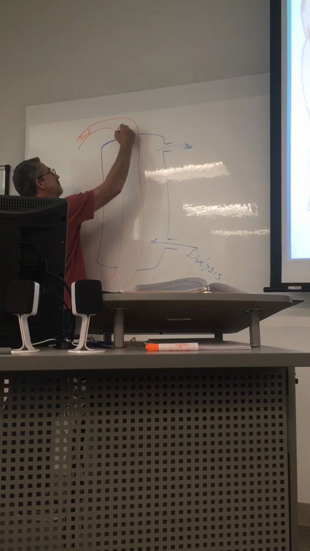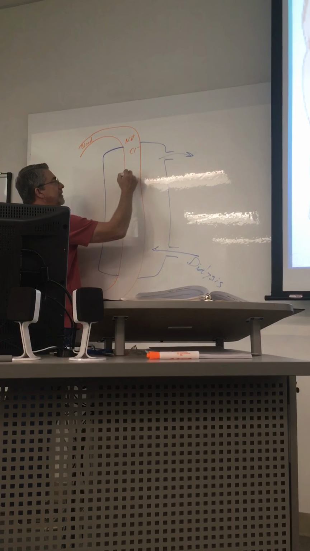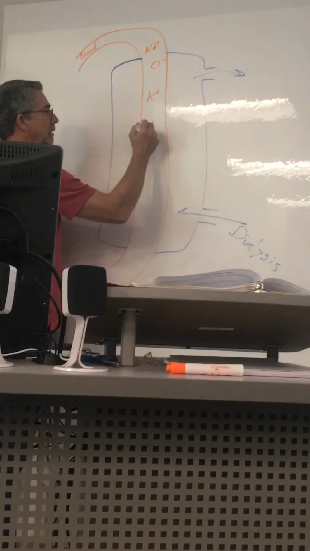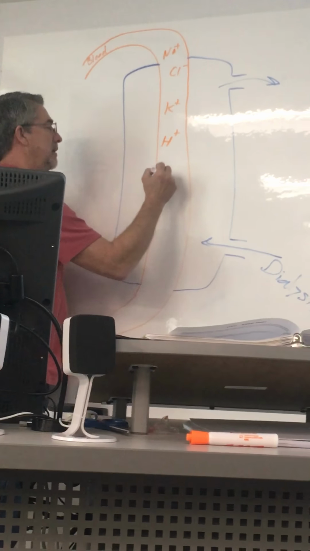So in my blood coming in, I have the usual variety of things that you might expect to be in the blood. Got some hydrogen ion.